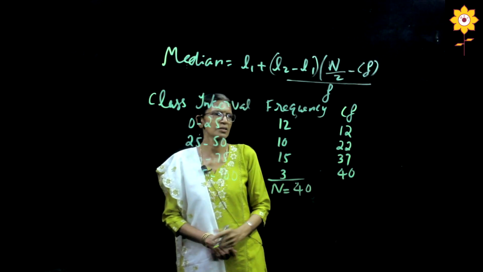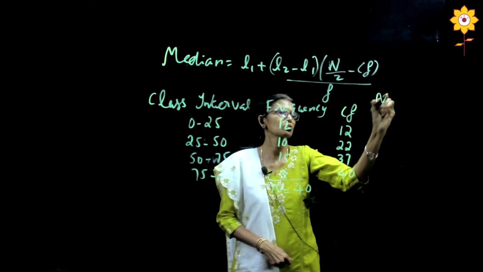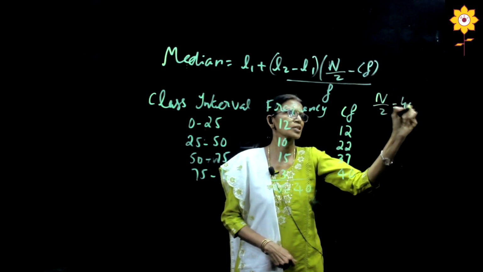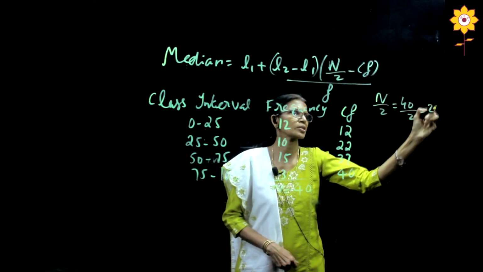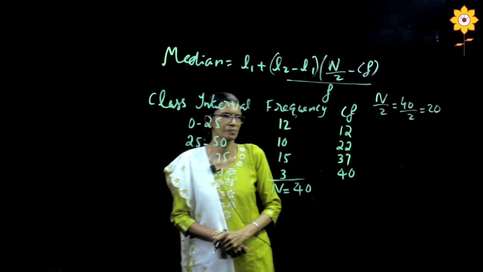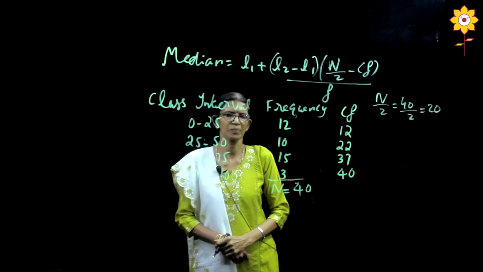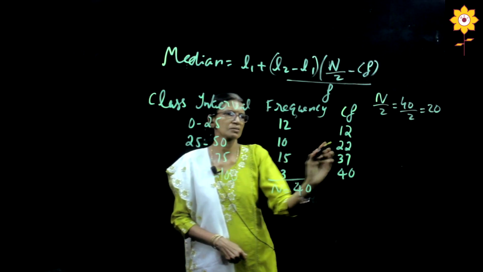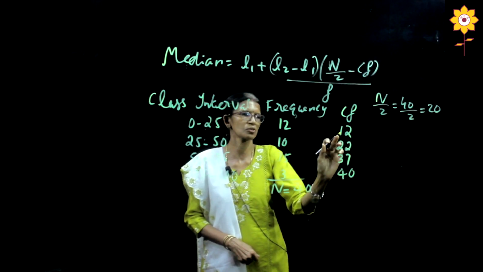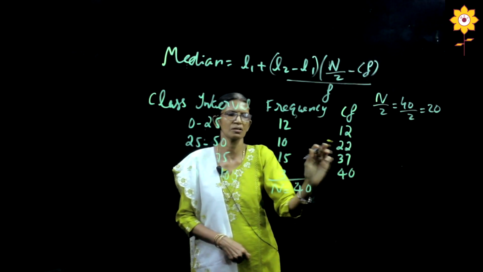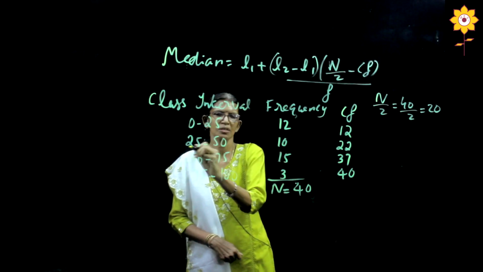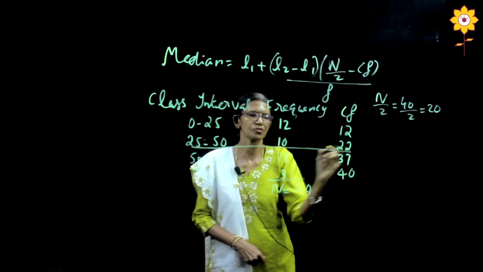Now you have to find the value of n by 2. N by 2 is 40 by 2, that is 20. Then you have to find the median class. n by 2 is 20, 20 is coming after 12 in the cumulative frequency. Then your median class is 25 to 50.